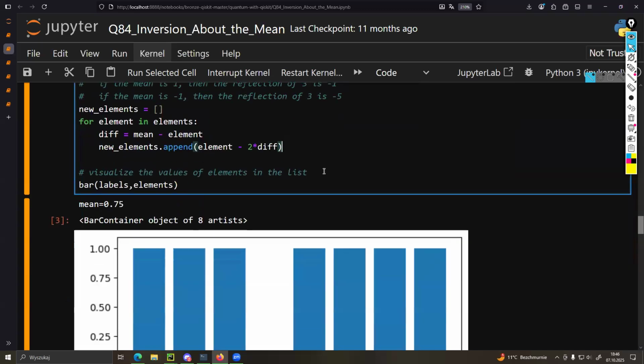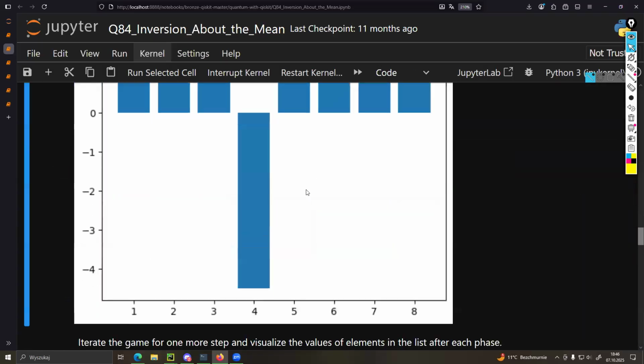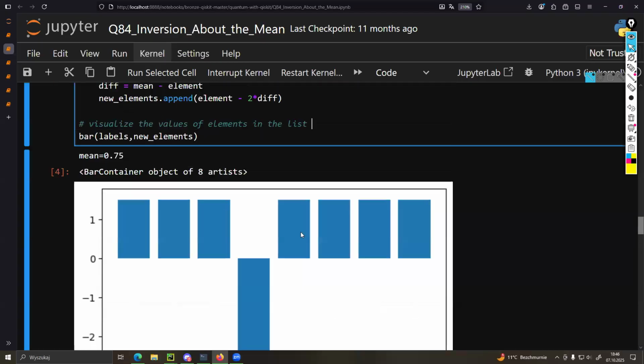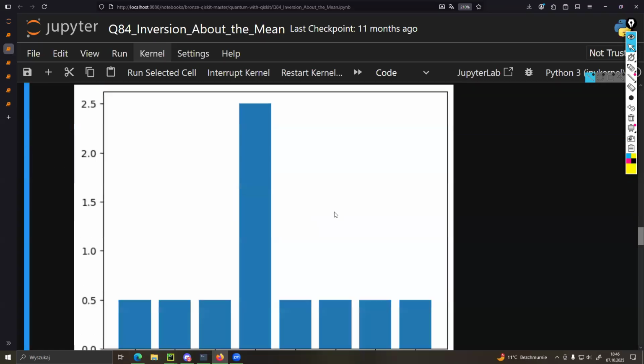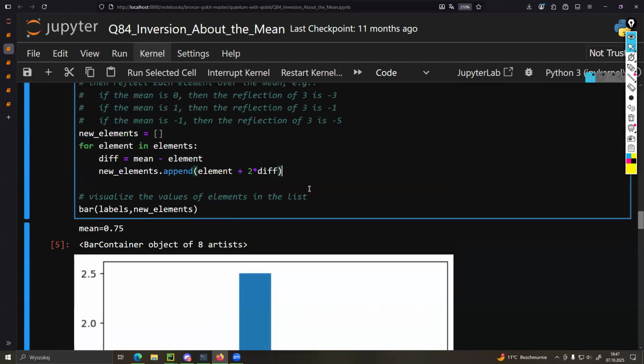This should give us the good result. And let me run this. Okay, I have messed up. Plus, I think this would be, yes, this is the right way to do it.